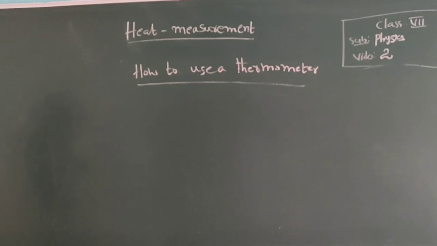Watch the shiny line of mercury in the tube. The highest point on the scale at which the rise of mercury stops shows the temperature of the object.